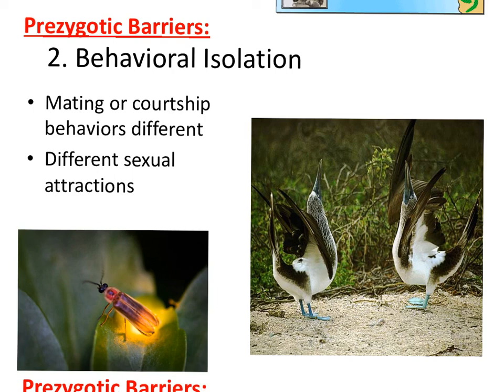Depending on the length of the flashes, like how long it's lit up, and then the frequency of how many flashes there are in a certain period of time, the female lightning bugs get really excited about the pattern that they are attracted to. So that keeps them mating with only those who have a pattern that they like. This then could end up splitting a population in half if they're only being attracted to the flashing pattern that they like.